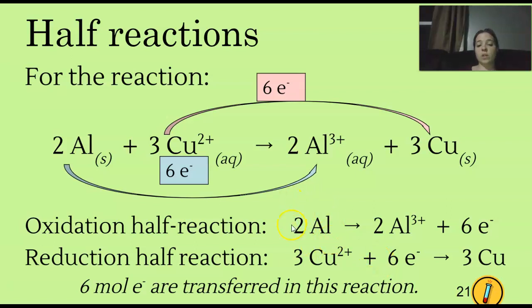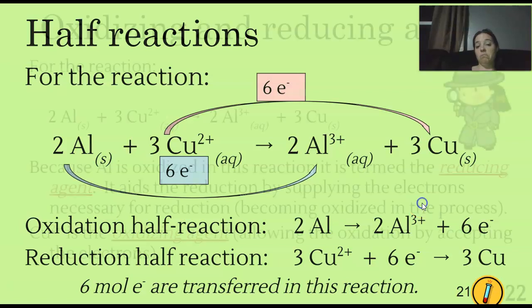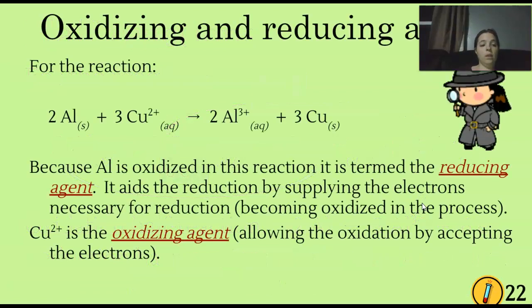Whatever's on this side of the arrow, add together; whatever's on that side, add together, and plug it in up here. 2 and 3. Because aluminum is oxidized in the reaction, it is considered the reducing agent. It aids in the reduction by supplying electrons. Whereas Cu2+ is the oxidizing agent, allowing oxidation to happen.